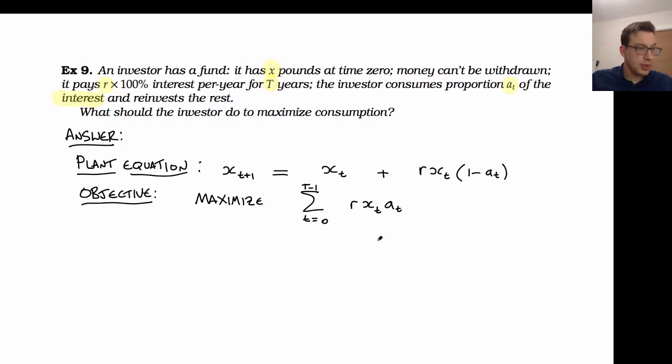Now we're going to apply exactly the same ideas that we've been working with in this tree example and with the definition of dynamic programming. We're going to try and solve the problem by starting at the end of time, so at the leaves of the tree, and then working our way back to time 0, to the root. It's exactly the same principle, but applied in a slightly different setting.